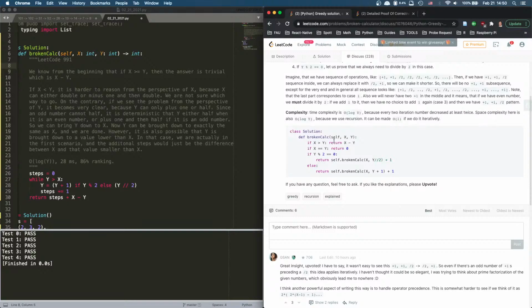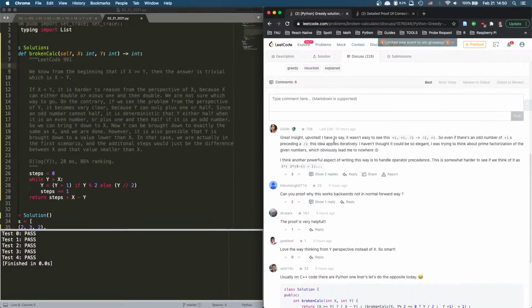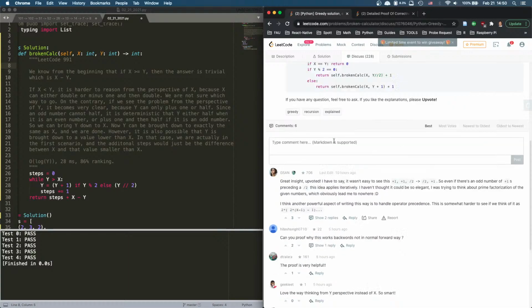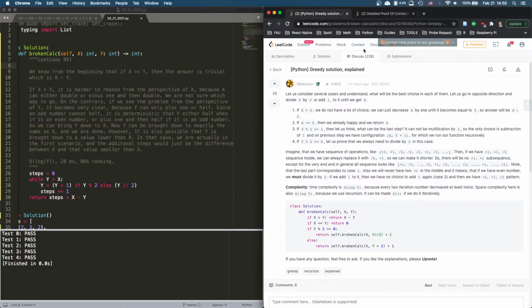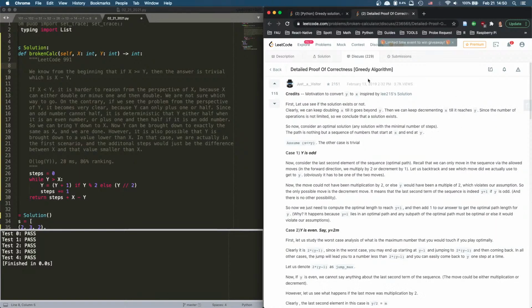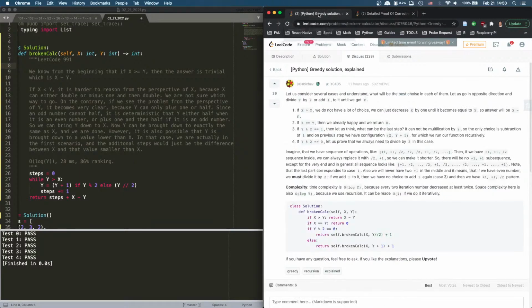Plus 1, divided by 2, divided by 2, plus 1. All right, he has a proof as well. I'm going to look at two proofs, but you guys can look at the proofs yourselves. I'm not going to waste time here, so I'm just going to end it here very soon.